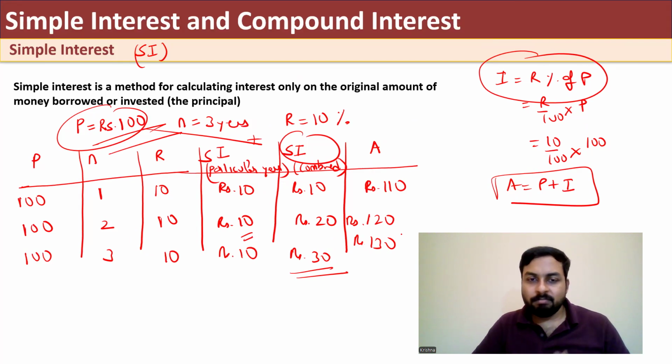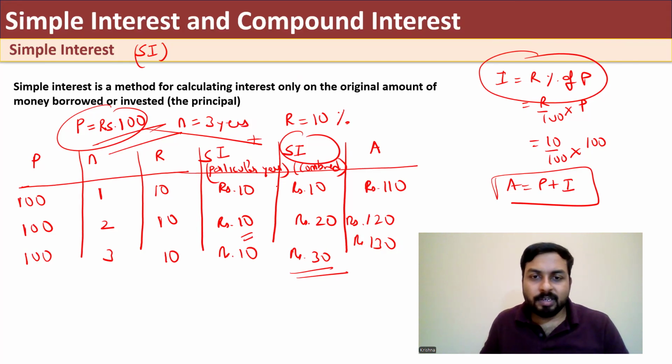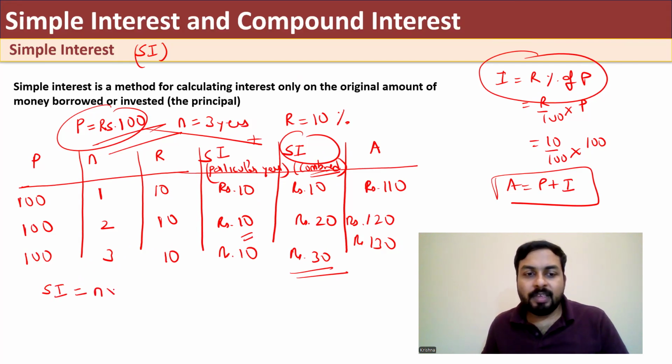So you don't have to make this table every time, but for your understanding, I've drawn this table. So what is our observation? If you observe here, can I say that generally the interest is R percent of P, but when we are talking about combined interest, the interest that I have to pay back to the lender, is it not the number of years into R percent of P?